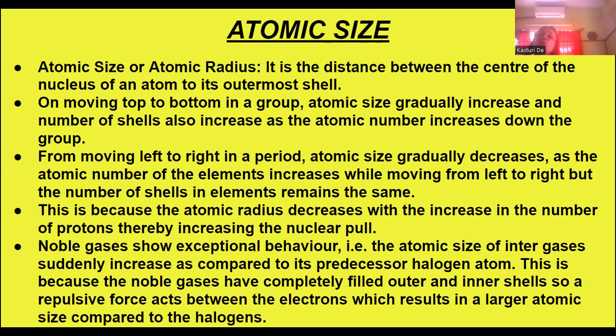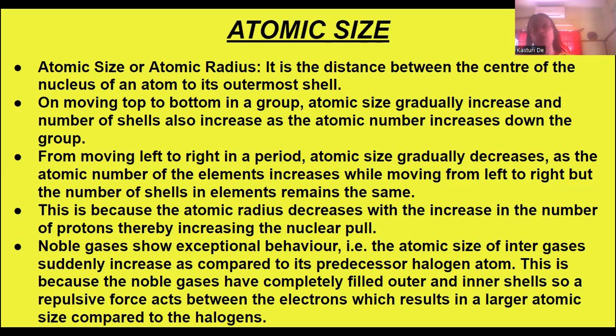Clear now? Why this happens? This is because atomic radius decreases with the increase in the number of protons, thereby increasing the nuclear pull. Atomic radius or atomic size, you can say, decreases with the increase in the number of protons. As we know that atomic number increases. So atomic number is what? Atomic number is number of electrons or number of protons.